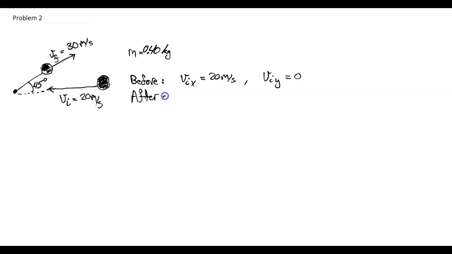And after the collision, we were told it's moving with a speed of 30 meters per second, but now there's an angle involved, so the x value would be given by the cosine, and the final y would be the magnitude of the velocity times the sine of the angle.